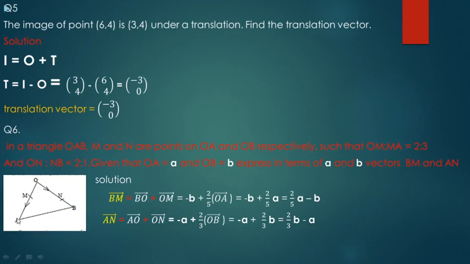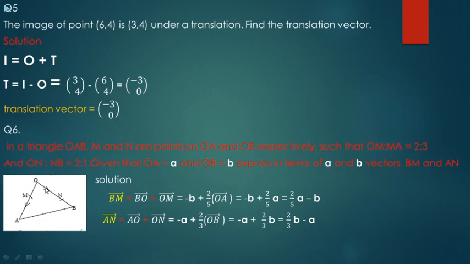I'll move from A to O because you already have it, then O to N. So AN equals AO, which we already know because we know OA. Since you are going against the direction, AO is negative A, plus ON, which is 2/3.